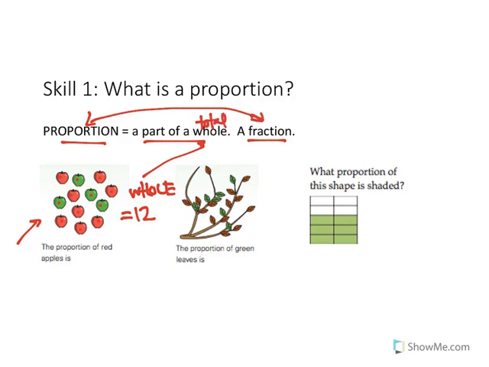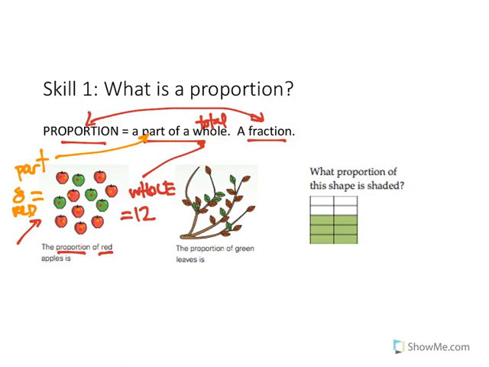Now, I want to know what proportion of those total apples is red. So let's count. 1, 2, 3, 4, 5, 6, 7, 8. 8 are red. This is the part because it's part of the whole.